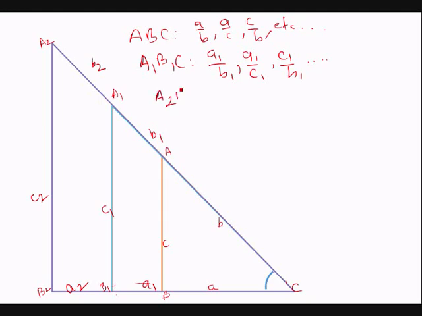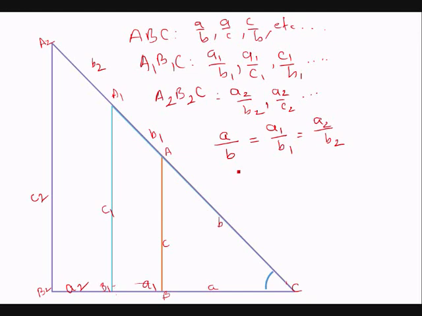And in triangle A2, B2, C, the ratios will be A2 to B2, A2 to C2, etc. So these are the ratios in each triangle. Now that they are similar, the ratios will be equal like this. The corresponding sides a over b will be equal to A1 over B1 and it will be equal to A2 over B2.